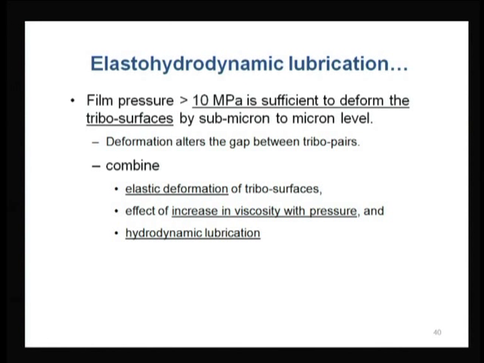To analyze and come up with results on elasto-hydrodynamic lubrication, we can combine elastic deformation of tribo surfaces, increase in viscosity as well as hydrodynamic lubrication. So, we are treating it in three ways. First, we require elastic deformation, we require increase in viscosity, and we require hydrodynamic lubrication.